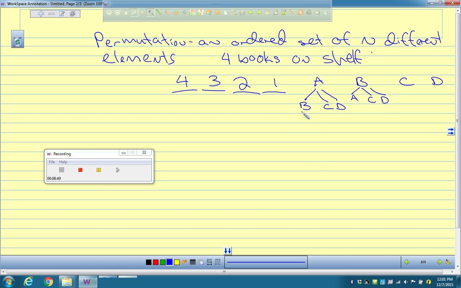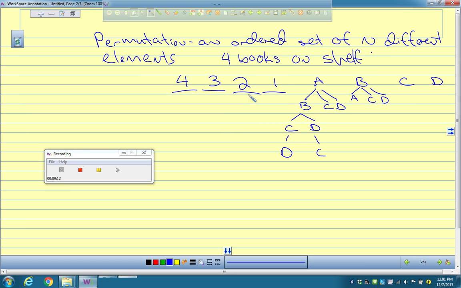If I chose A, then B, how many choices do I have for my third book? 2, right? I can only choose C and D. If I chose A, B, and C, D would have to be left. So altogether, there's 4 times 3 times 2 times 1 for the last one. That's where the 4 times 3 times 2 times 1 comes from.